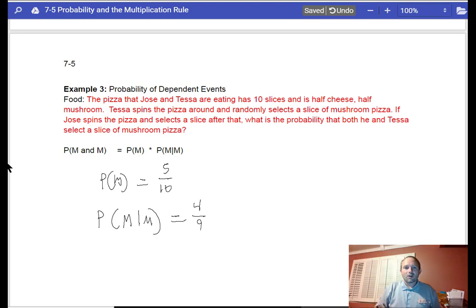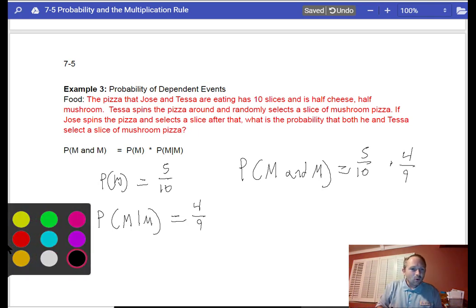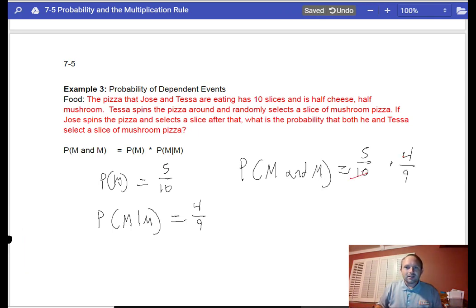So the probability of mushroom and mushroom happening would be 5/10 times 4/9. Now I am going to divide by 2 on the top and the bottom, and I get 2 and 5, and then I can cancel that out, 2/9. So the probability of mushroom and then another mushroom would be 2/9.